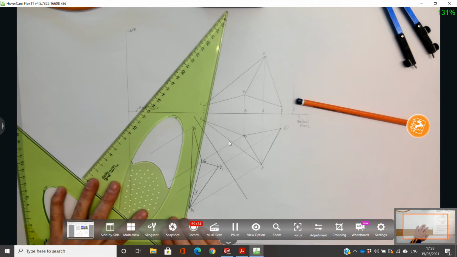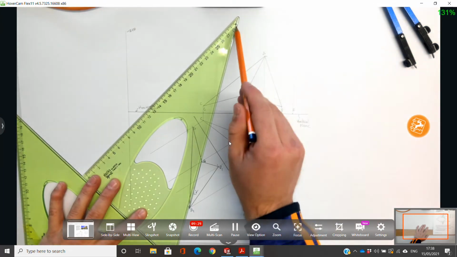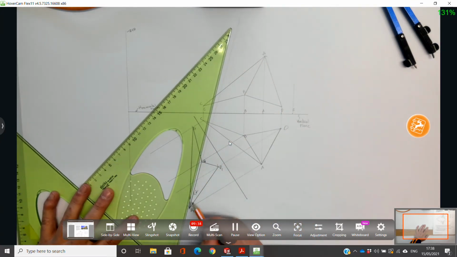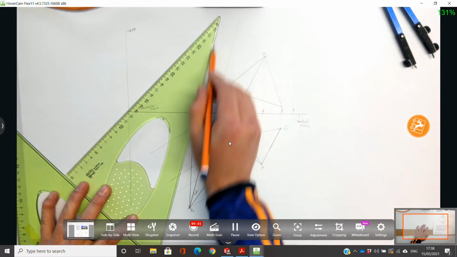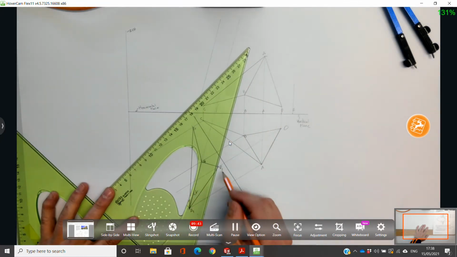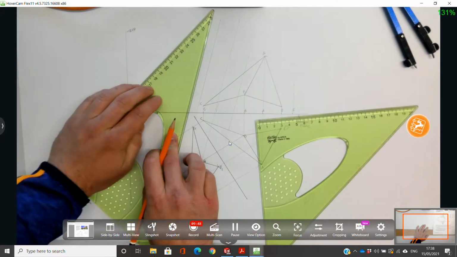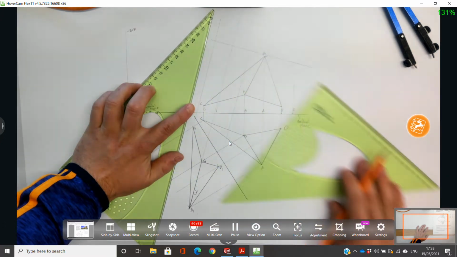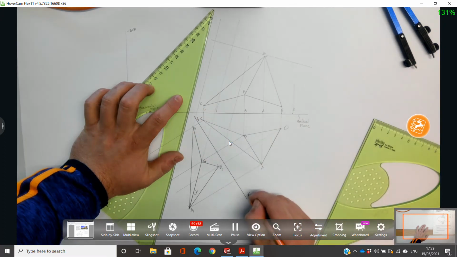So I'm going to look along the true length of the line of intersection, and I'm going to take the distances from my x1, y1 line back to plan.